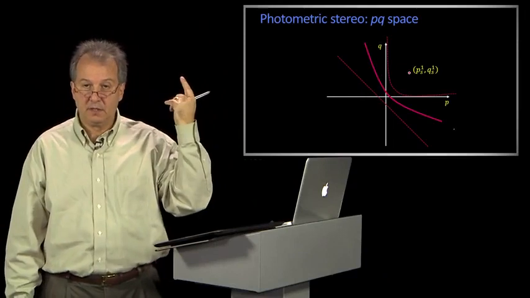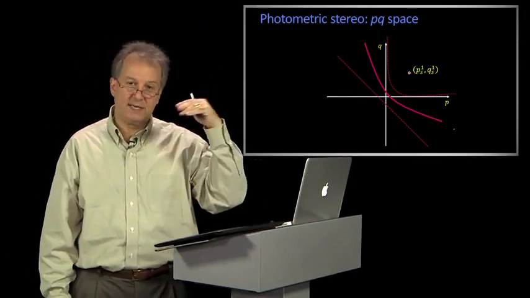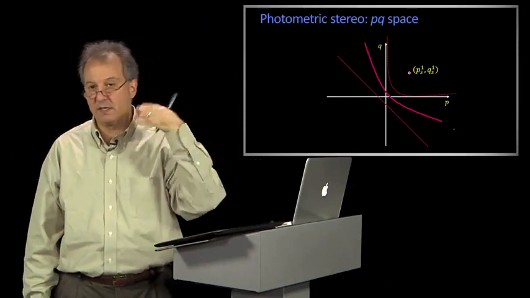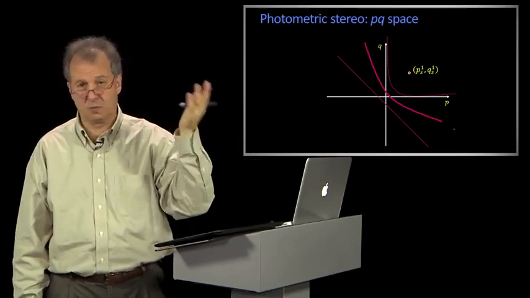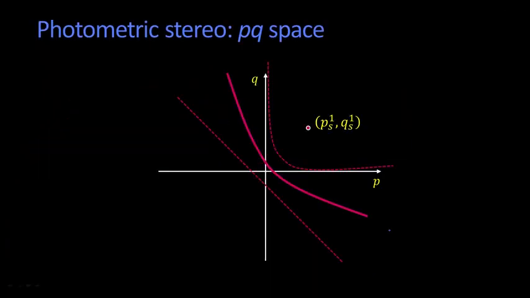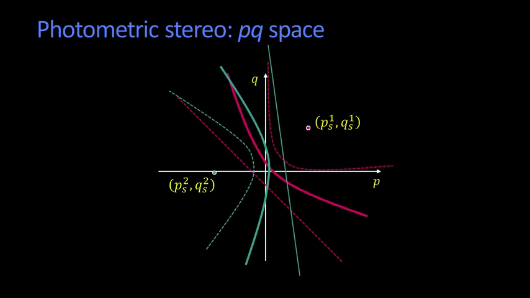So what do we do? Well, in the old shape-from-shading, we made some funny sort of assumptions and integration and stuff that just doesn't work. Here all we do is put up another light source. Here is the second light source, PQ of 2 of S, and now it has to lie somewhere on this curve. Okay, you'll notice those curves intersect in more than one place.